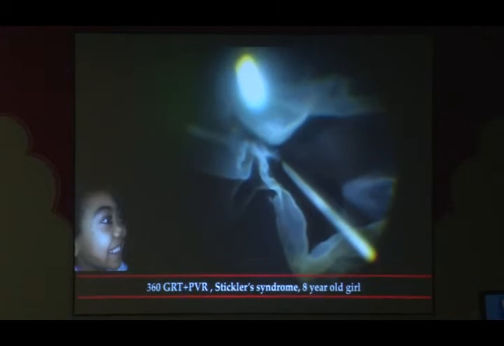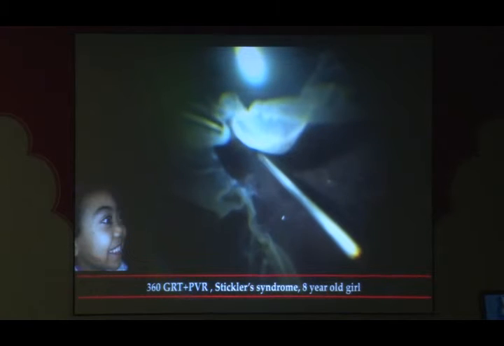This is the case of severe Stickler syndrome with a 360-degree giant retinal break and PVR. First, we have to stabilize the posterior retina, and again, bimanually, I tried to peel the adherent fibrous tissue that causes wrinkling of the edge of the giant tear.